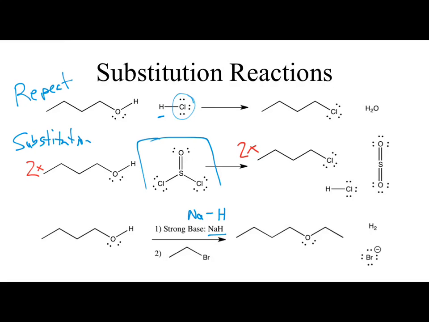What charge is that hydrogen? Hydrogen is typically positive because it's attached to an electronegative element. Are metals electronegative? Hydrogen will take the electrons away from the sodium, and we get Na+ and H-.